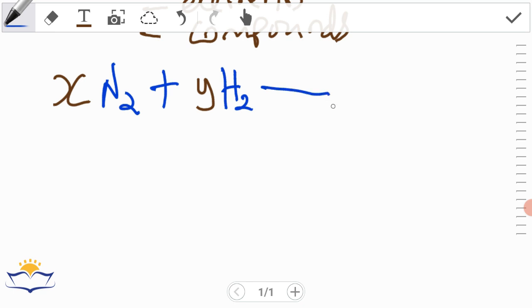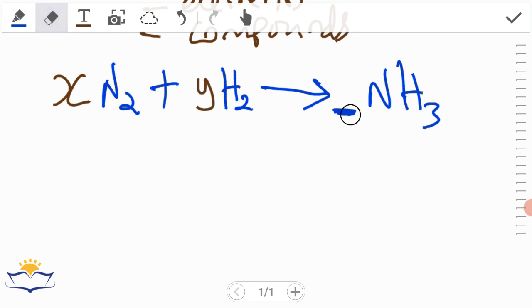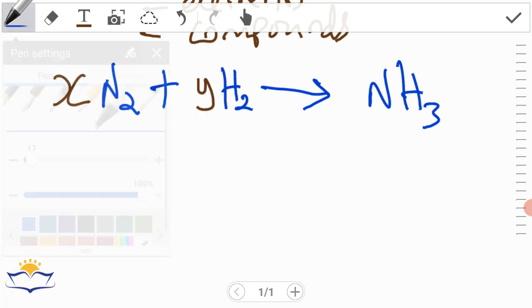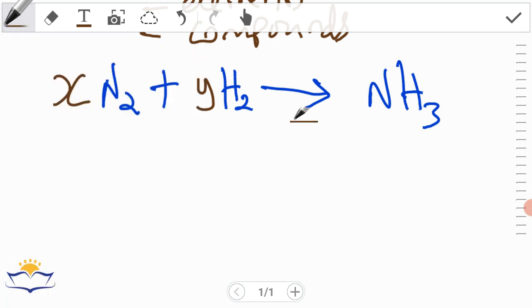We do the same to ammonia: there is also a number we don't know, so we represent it with a variable. Let's say maybe d.